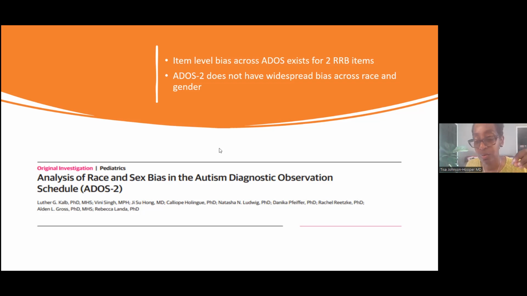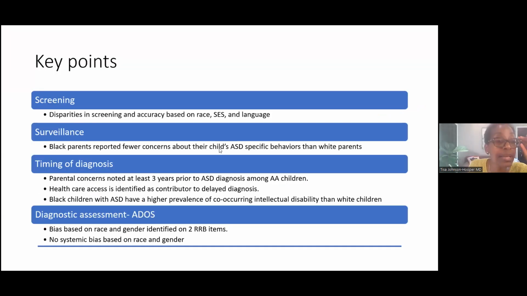Really, overall, there was very little research in this area, and so this study certainly requires some replication. So the key point here is bias based on race and gender was identified in 2 items among the repetitive restricted behaviors, and no systematic bias was found based on race and gender.